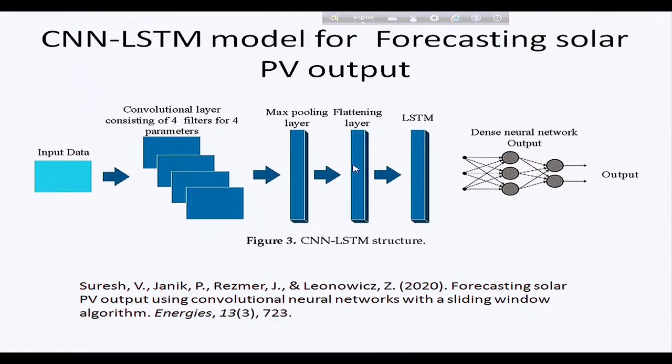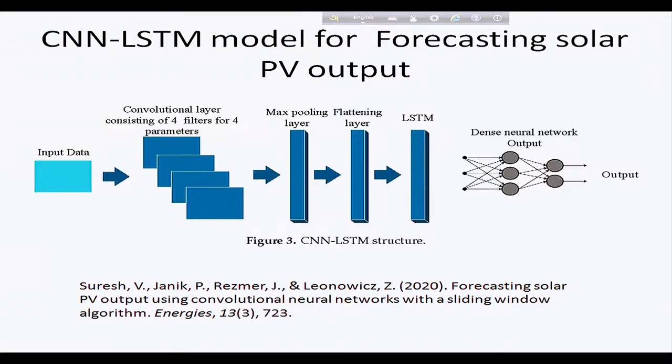So now here's another model, the CNN LSTM model. You see there are two kinds of network. This is a CNN and this is an LSTM. The CNN is a neural network that is focused on local information, and the LSTM, known as a long short-term memory network, is more suitable for temporal data processing.